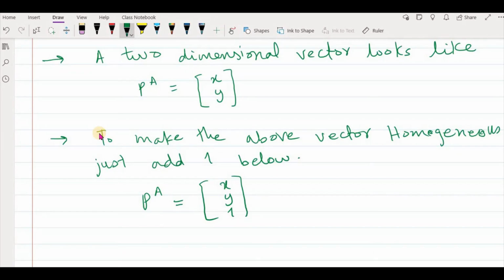So the advantage of using this 1 below the xy coordinates is that it makes the calculation easier, and also it makes the matrix multiplication possible.